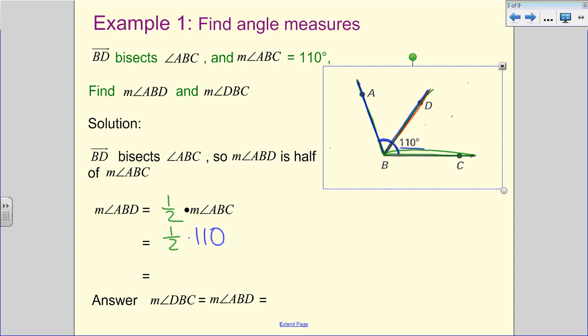We're just doing substitution. 1/2 times 110 is 55 degrees. Because those two angles are congruent, their measures are equal, so angle DBC and angle ABD equal 55 degrees. If I'm given the entire angle and asked to find the two angles created by the bisector, I'm just dividing by 2.